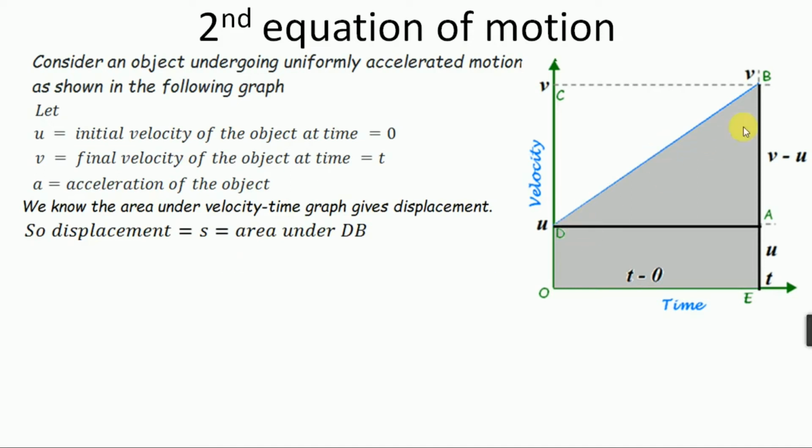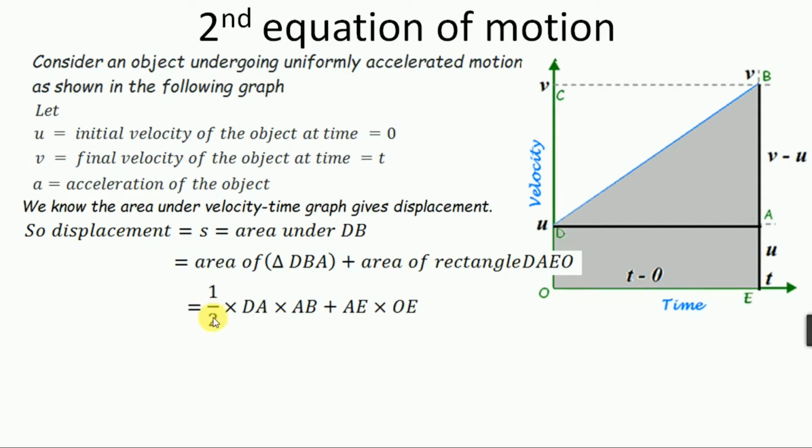Now this area is the area of triangle plus the area of rectangle. So area of triangle DAB plus area of rectangle DAEO. The area of a triangle is half into base into height. So half into base, which is DA, into height, which is AB, plus the area of the rectangle, which is length into breadth. We are taking length to be AE and breadth to be OE.